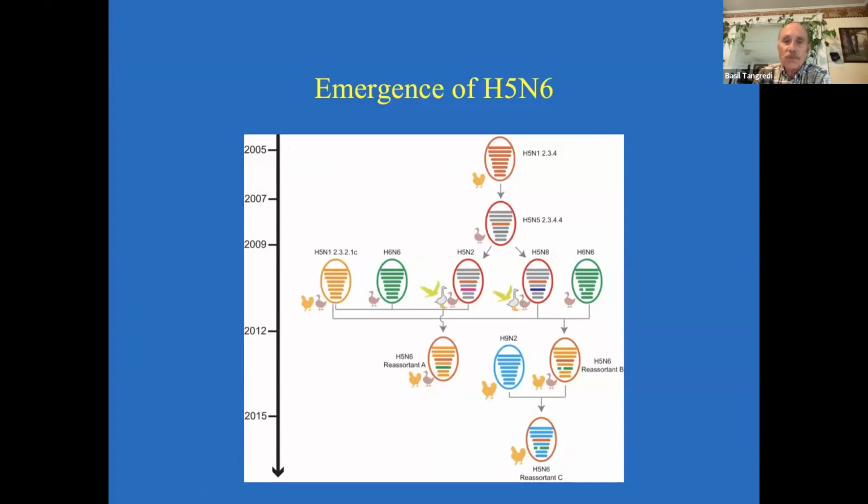And you can see through all the permutations it goes through here in terms of wild birds as well as domestic birds, getting down to the H5N8, which we saw in that Korean study, and then the H5N6, which is the predecessor of the virus that's going on right now. So you can see how this evolution occurs, all with the reassortment of these gene segments. And what we're looking at here is about half a dozen instances of gene reassortment between 2005 and 2015.